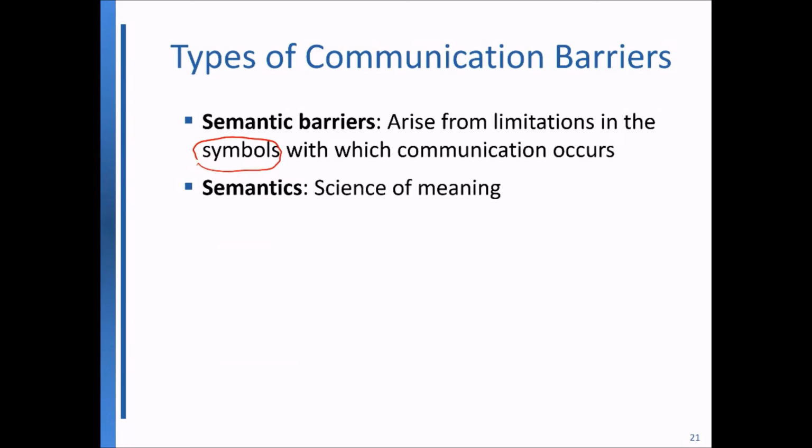So when we study what the meanings of the words and symbols are, these are covered by what we call semantics. Now, one example of semantics: the word book.